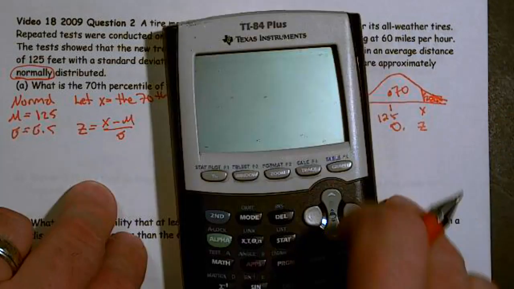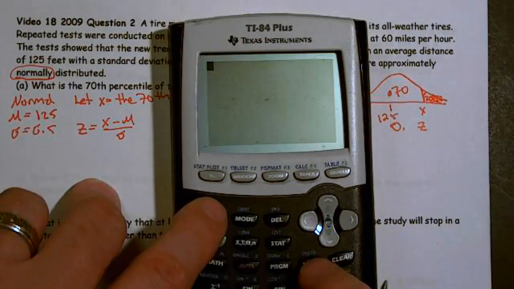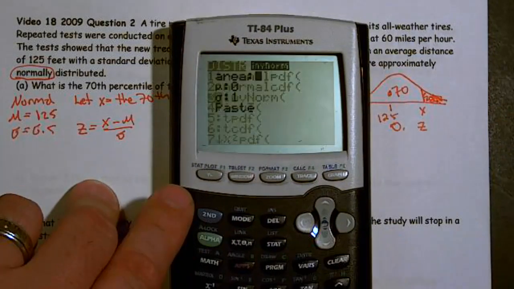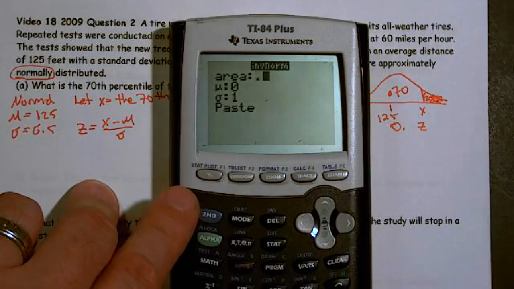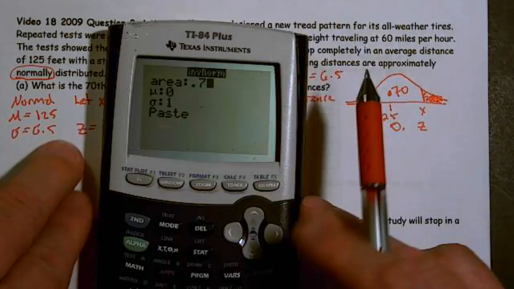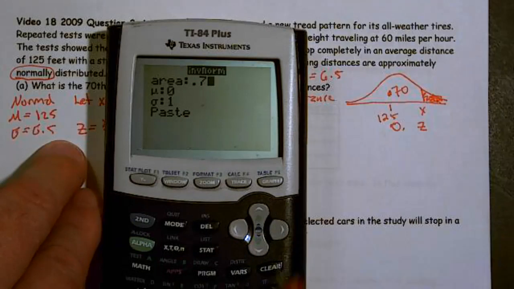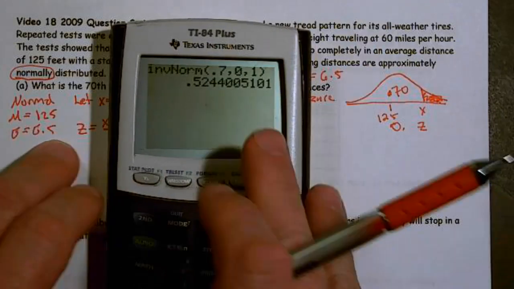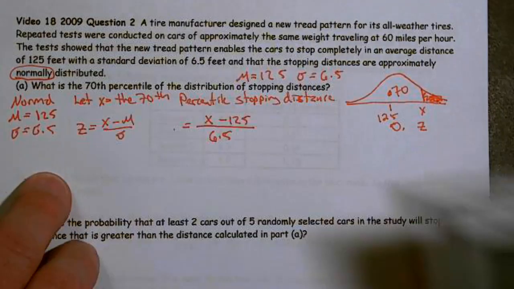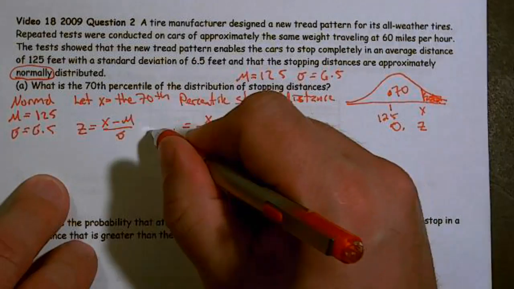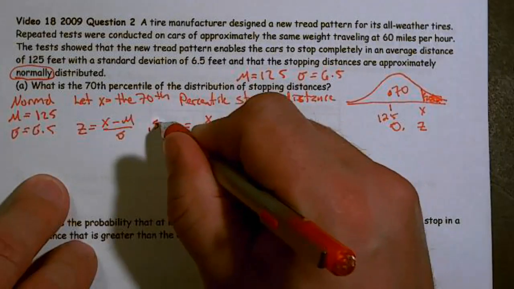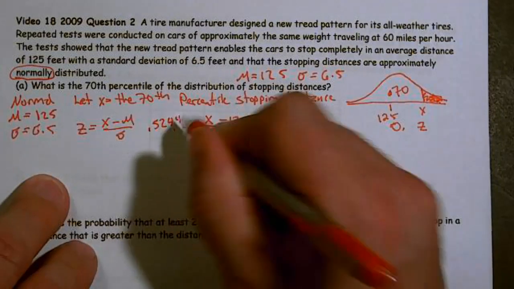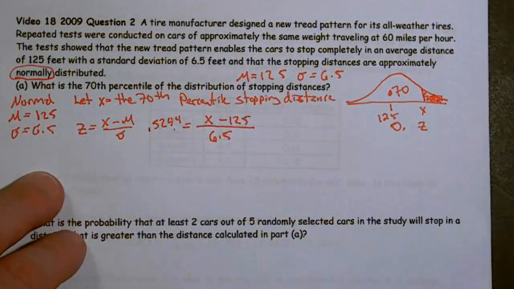I can do that by doing an inverse norm. Second vars, because it's a percentile. Inverse norm of 0.7, because it's going from negative infinity all the way to here, with a mean of 0 and a standard deviation of 1. I end up getting 0.5244 as my Z-score. At this point, I could solve by algebra.